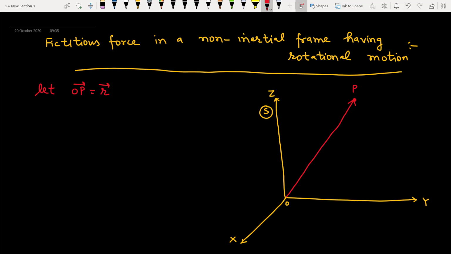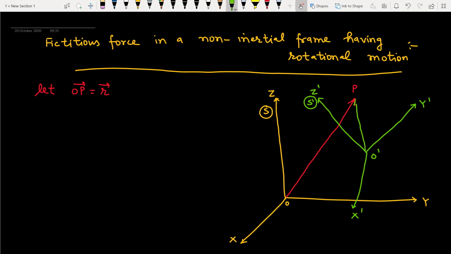And it is in rotational motion. So we will rotate the axes of the second coordinate system, say like this. This is the X axis, Y axis, Z axis of the S dash frame which is in rotational motion, and its origin is O dash.